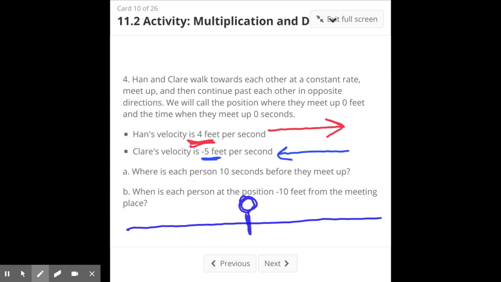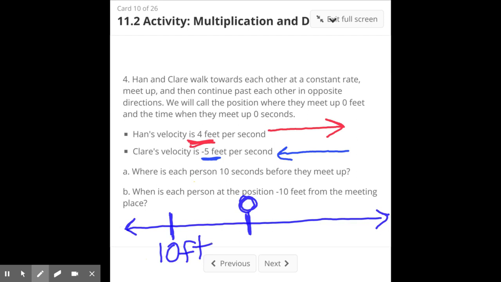All right, and so this is -10 feet. And so now this is going to be for both of them on the negative side of the number line. And I'm just going to go ahead and put that in over here. That is going to be 10 feet. And the question is, where will each of them be?